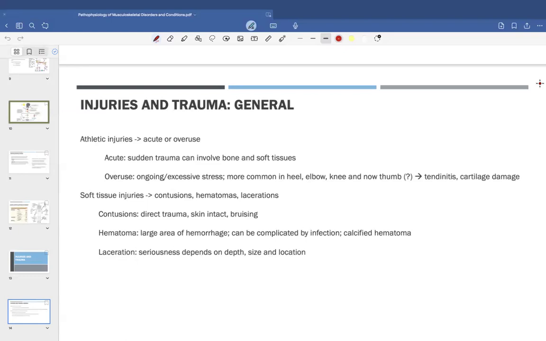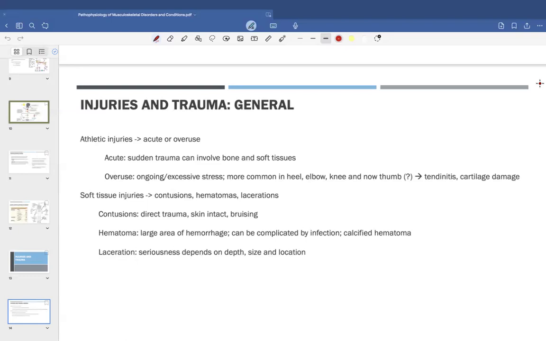Overuse, like we talked about earlier in the semester, overuse injuries are repetitive, unusual stress, like throwing curveballs, which causes epicondylitis. You've got tennis elbow, golfer's elbow, and some of your baseball players will develop epicondylitis in their elbows.